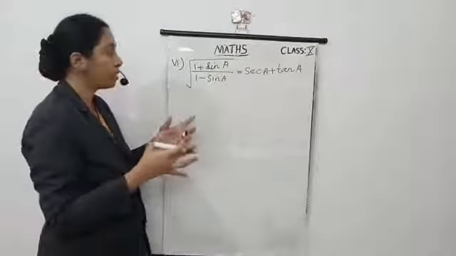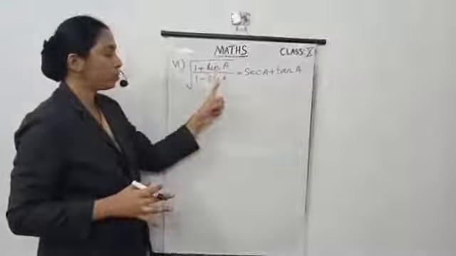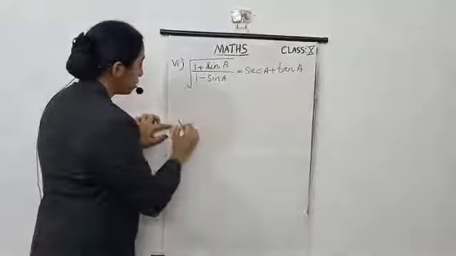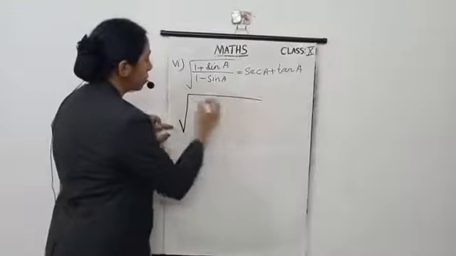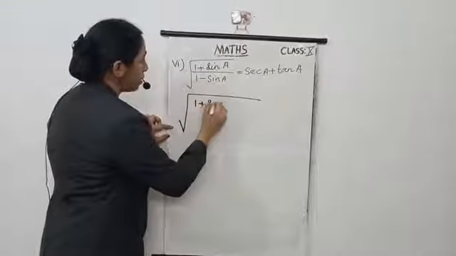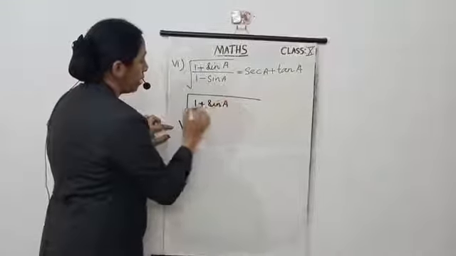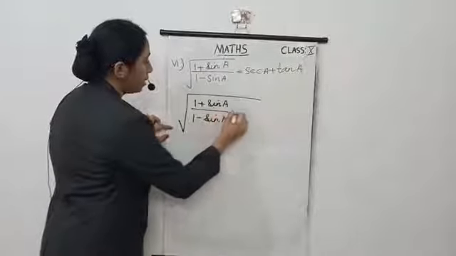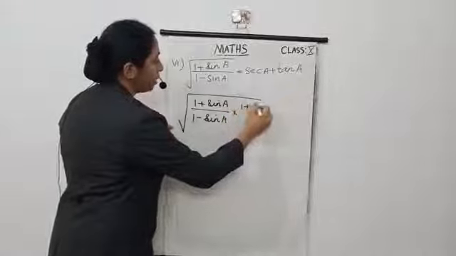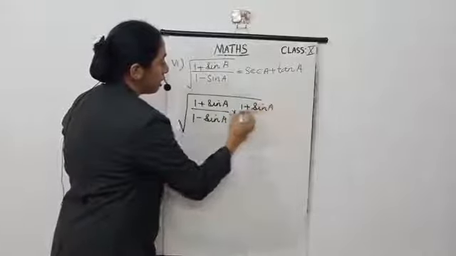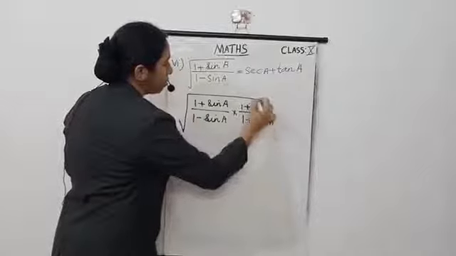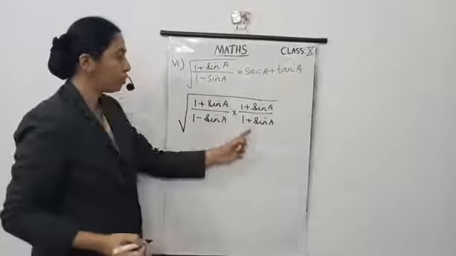So first step is multiply both numerator and denominator with 1 plus sin A. So this becomes root of (1 plus sin A) by (1 minus sin A) into (1 plus sin A) by (1 plus sin A), both numerator and denominator with the same number.